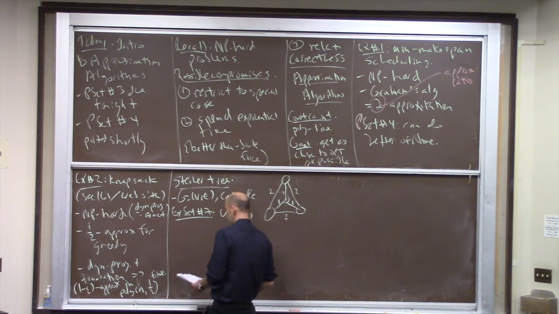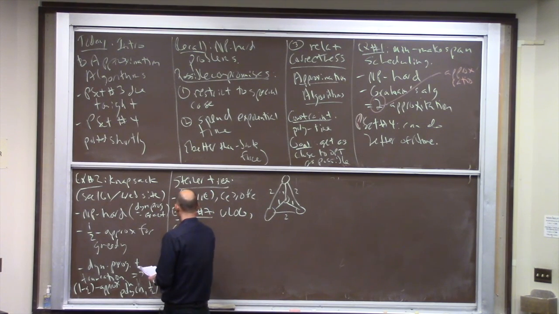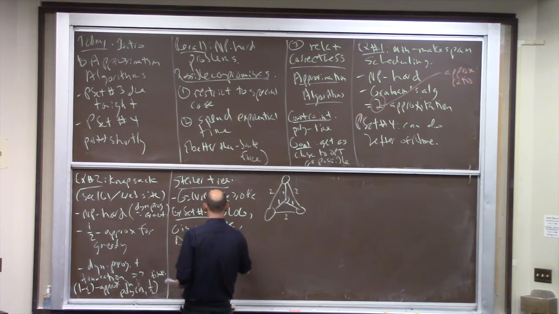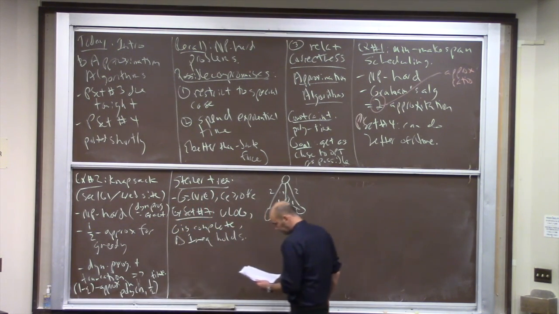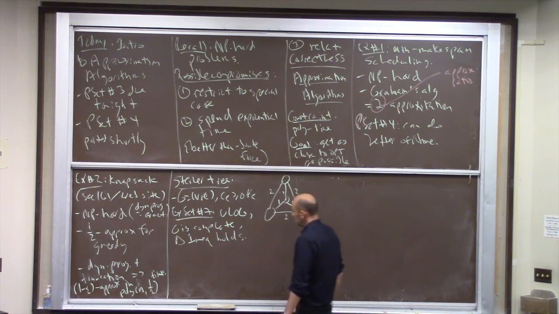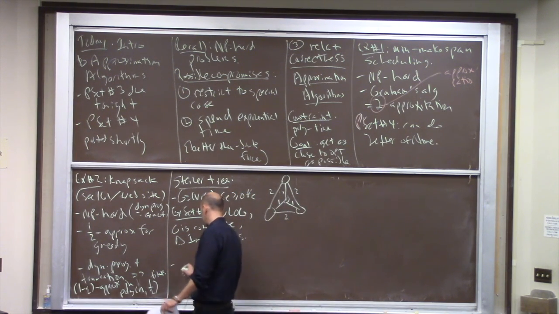So we'll use that again here. So without loss of generality, G is complete, and the triangle inequality holds. And then the other part of the input were terminals. Let me call them, as a set, capital R.